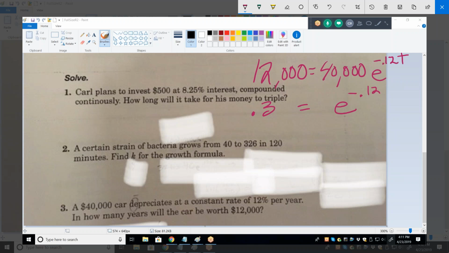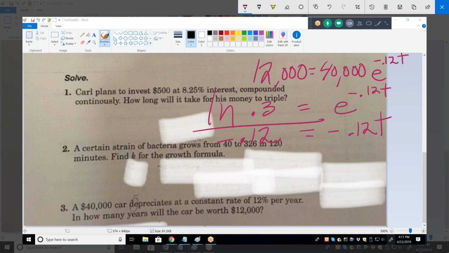Take the natural log of both sides. You get the natural log of 0.3 is equal to negative 0.12 t, and you get t is equal to the negative natural log of 0.3 divided by 0.12.